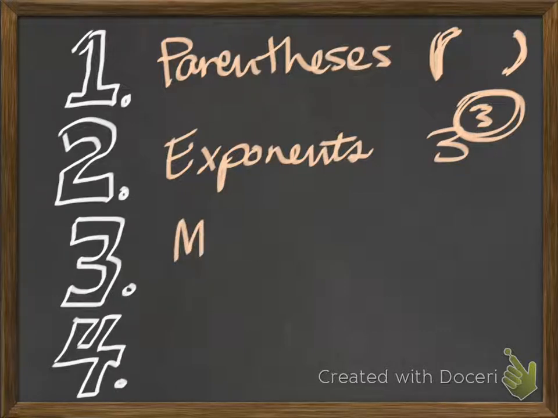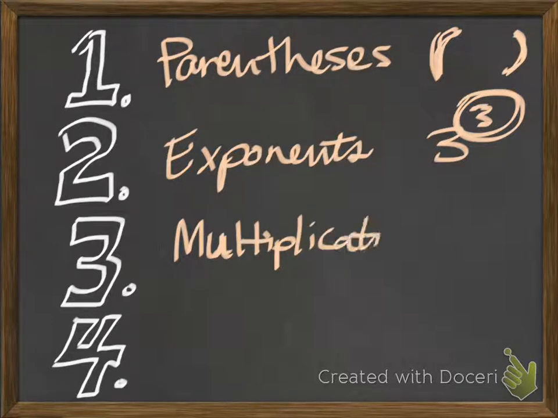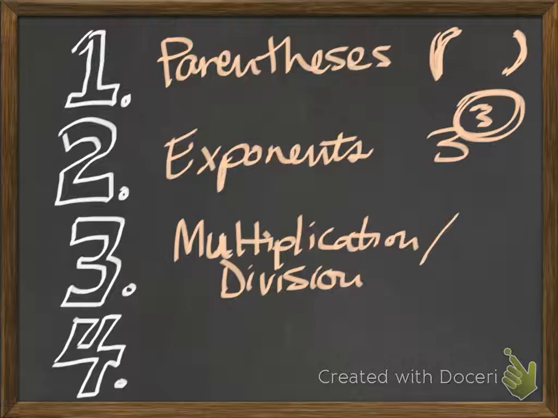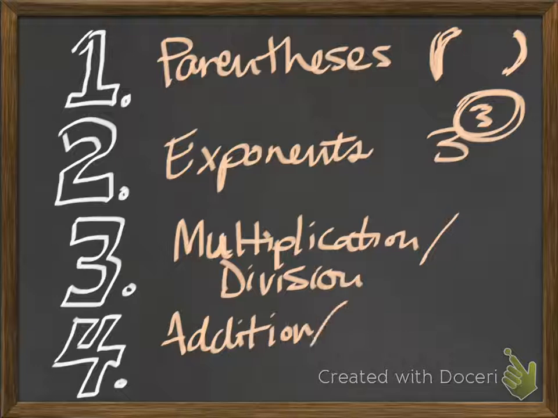And then there's another level, there's a multiplication and division level. If you get it to where it's just multiplication and division, the order there doesn't matter. You just go left to right. And the fourth level would be addition, subtraction.